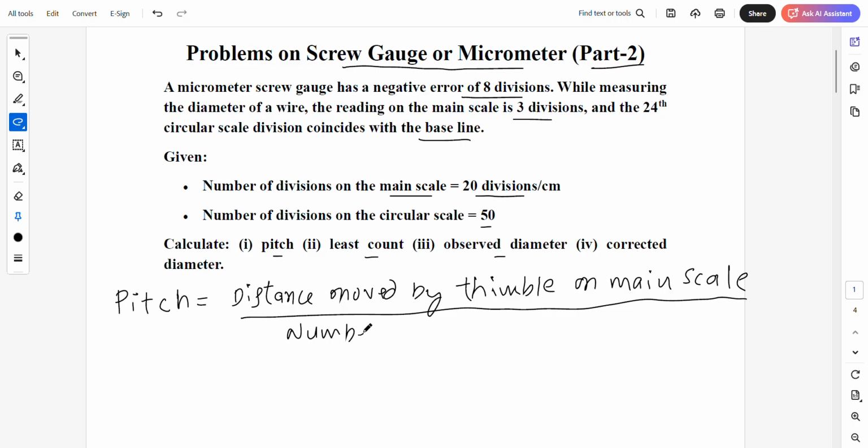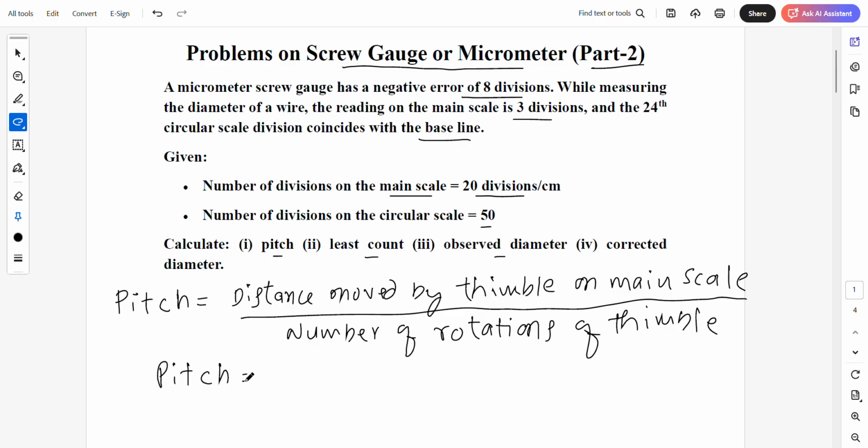Now here, they have given number of divisions on the main scale is equal to 20 divisions per centimeter. Therefore the pitch will be 1 centimeter divided by 20. Let us convert this into millimeter, that is 10 millimeter by 20, that is equal to 1 by 2 mm.